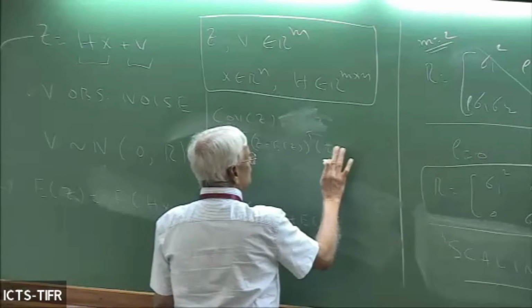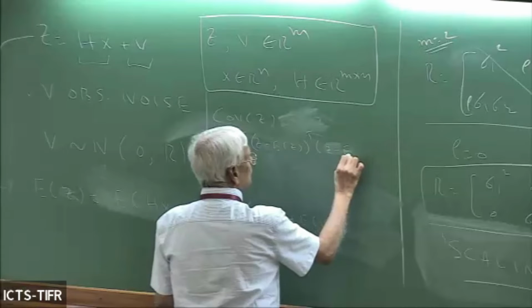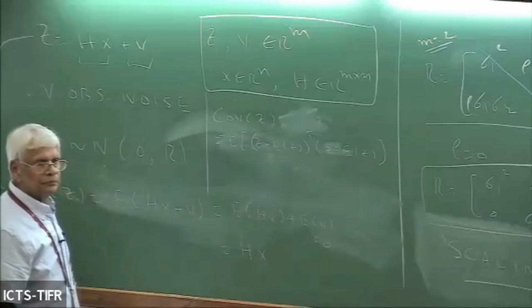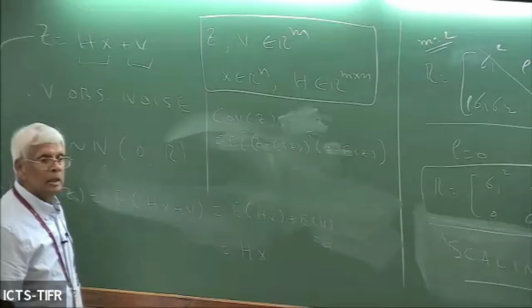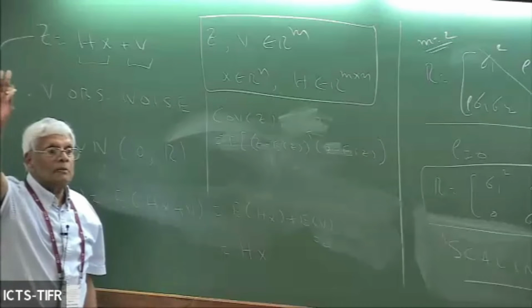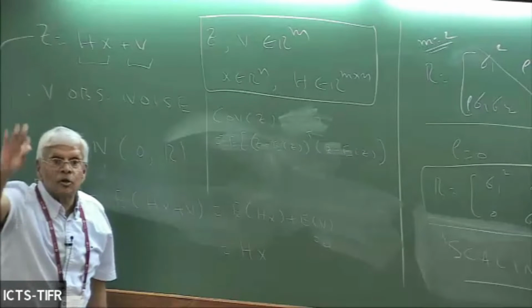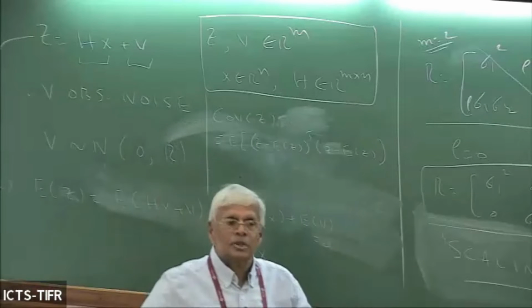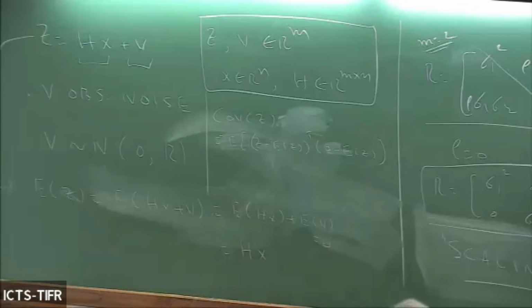That's the formula. You all remember that? That's the expected value of the covariance. How many of you remember the formula for the covariance? These are all coming from statistics. Statistics is a prerequisite for this course. Are you all with me? I don't see too many nodding heads.